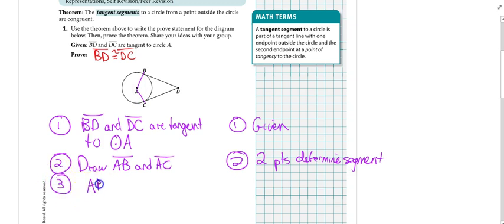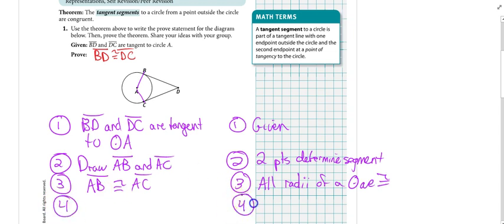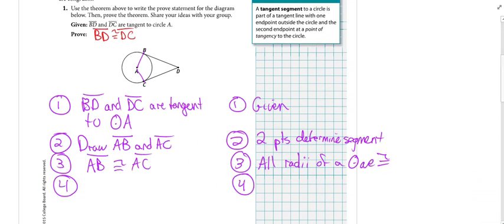And then AB is congruent to AC, because all radii of a circle are congruent.